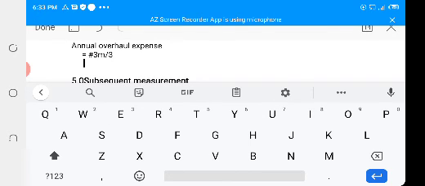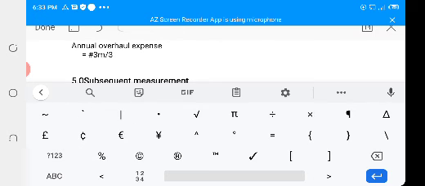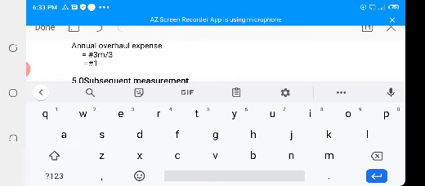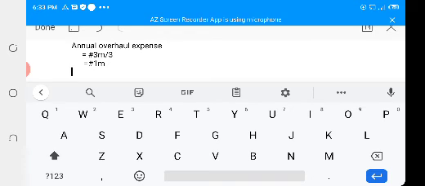So that means it costs them for 3 years. They will pay for 3 years. So they will be charging every year 1 million. 1 million per year.